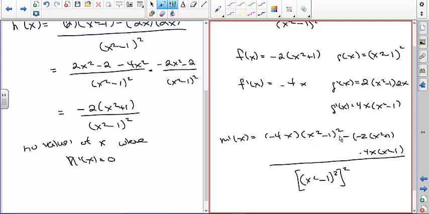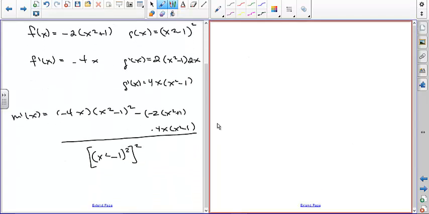-4 times that. Okay, so you can factor out one of these x squared minus 1s. You're going to have 4 of them here. I've got 2 of them there and 1 of them there. So let's just do that simplification. You're going to have -4x times x squared minus 1. I'm going to take one of those.